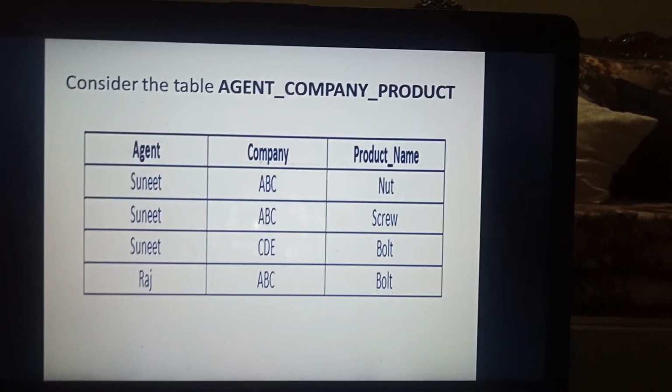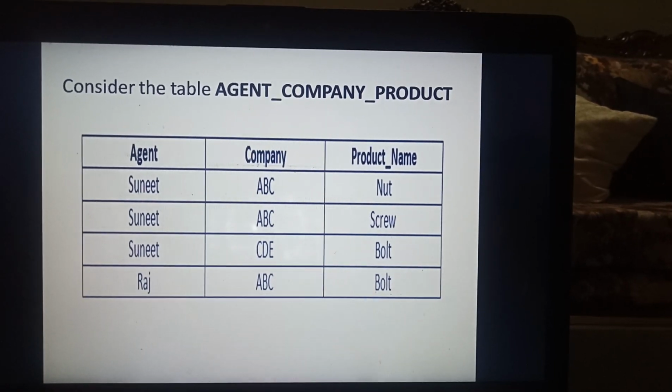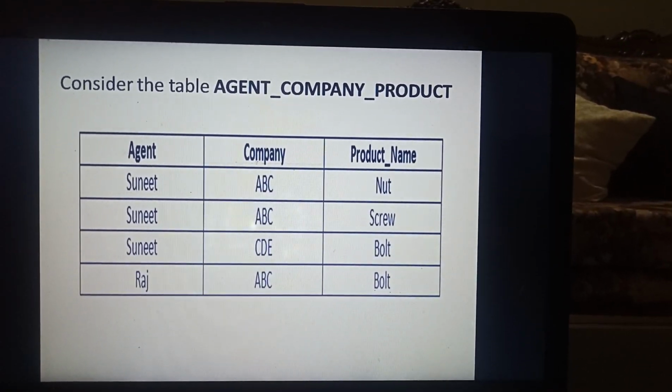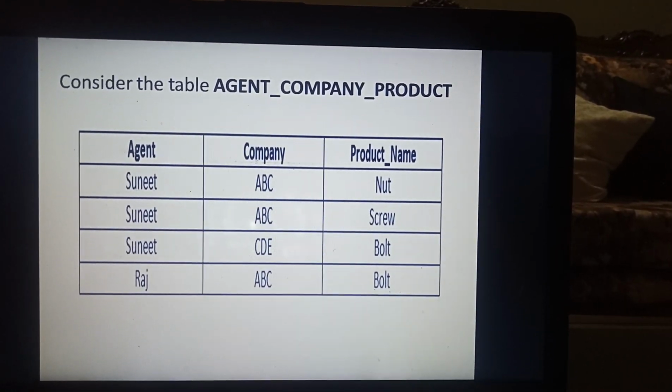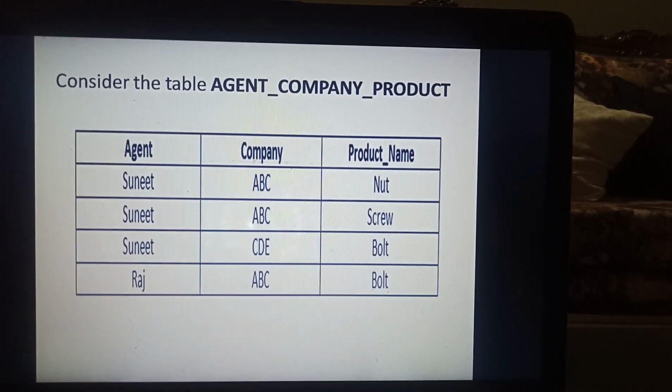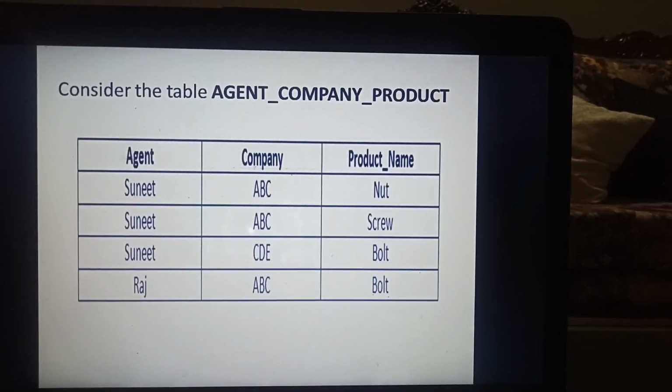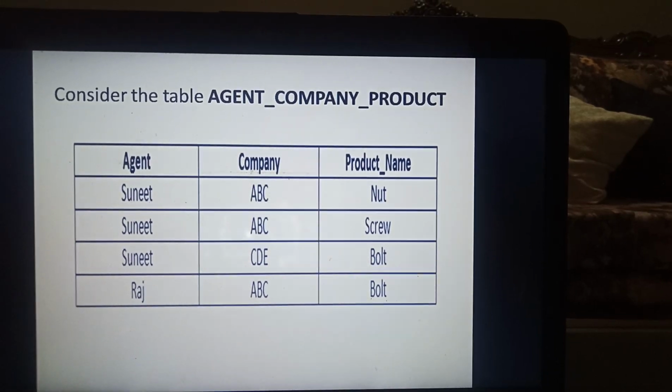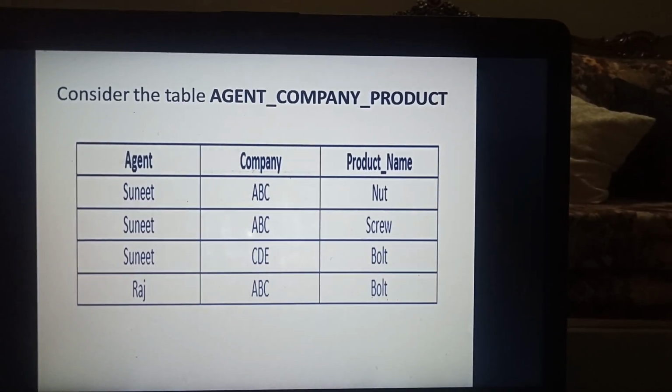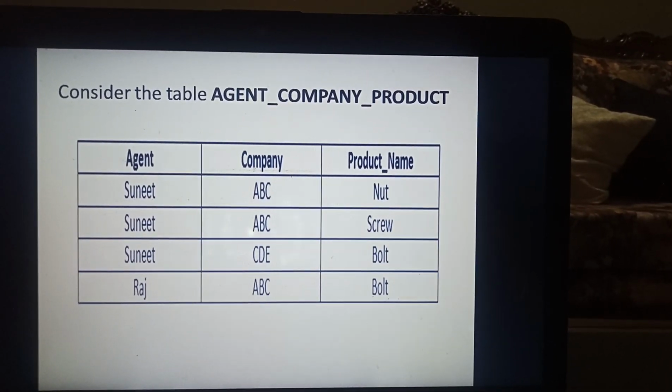Now, if we look at the table, there are multi-valued facts in company attribute for the agent. Similarly, there are multi-valued facts in product name for the agent.